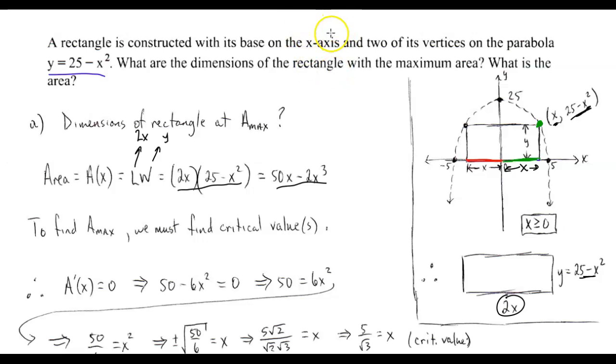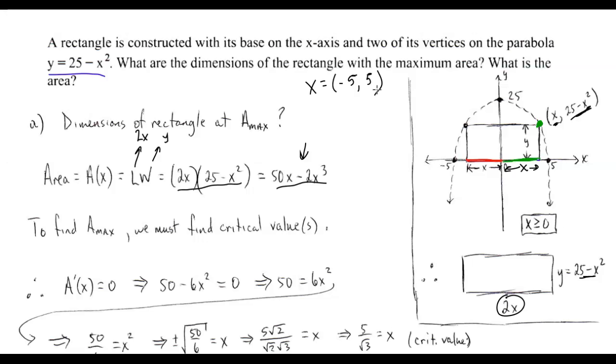Now, one of the things that we have to remember here is that we are using a polynomial, which is defined for all real numbers, to model a situation where we won't be able to use all real numbers for x, okay? And to be very clear here, the domain, or the values of x that actually make sense for this particular problem, are going to be all values of x in between -5 and 5, not including -5 and 5.